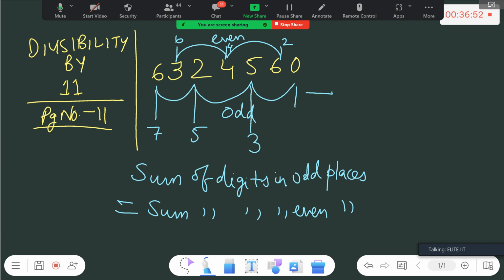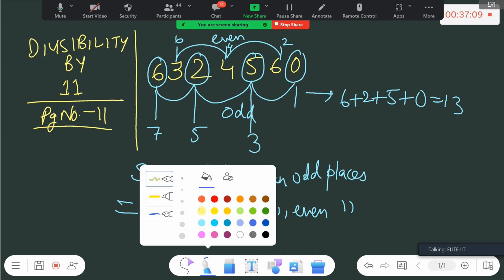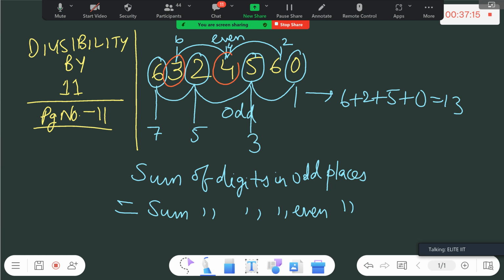What is the sum of the digits here in odd places? It will be 6 plus 2 plus 5 plus 0, which is 13, right? And which are the digits in the even places? 3 plus 4 plus 6, which is again 13.